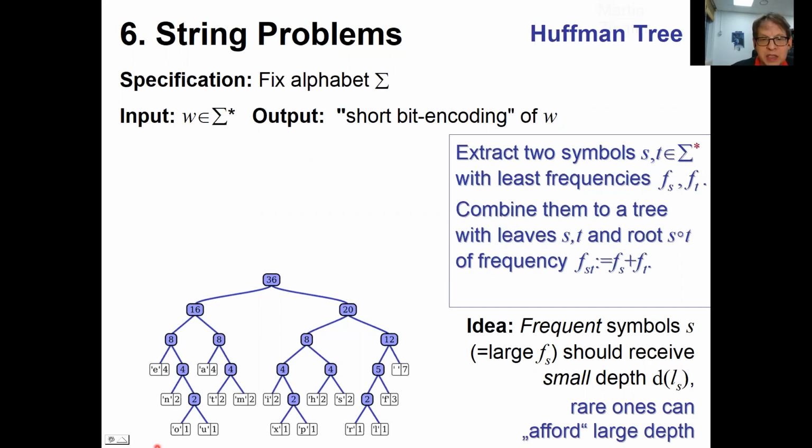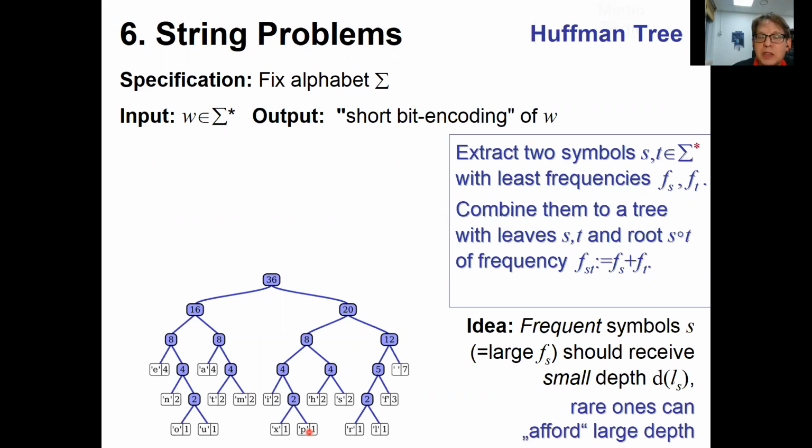So imagine in this example, X and P, these are two symbols with least frequencies, both frequency one. And we combine them into a small binary tree, namely this one. See this binary tree. And we remove and delete these two symbols from our list of symbols with their frequencies.